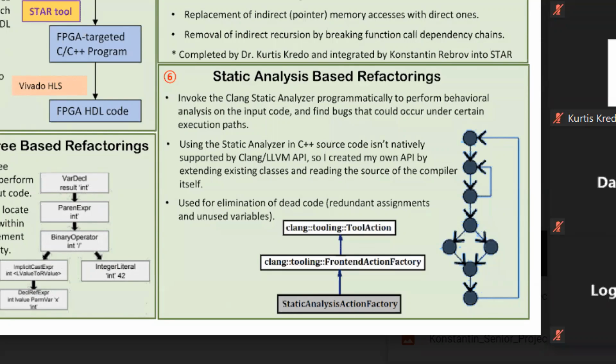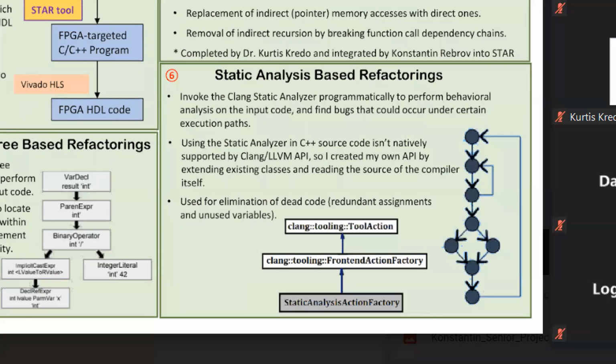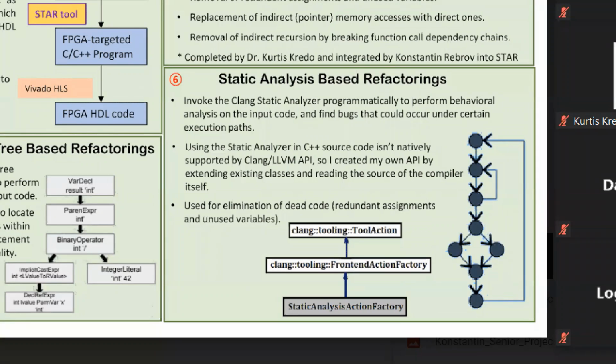Based on that, I reverse engineered it and created my own API to allow me to call the static analyzer directly from my C++ program, get the results of that analysis, and use them to perform refactoring, to perform source code replacements, eliminating those bugs that could occur under certain execution paths.